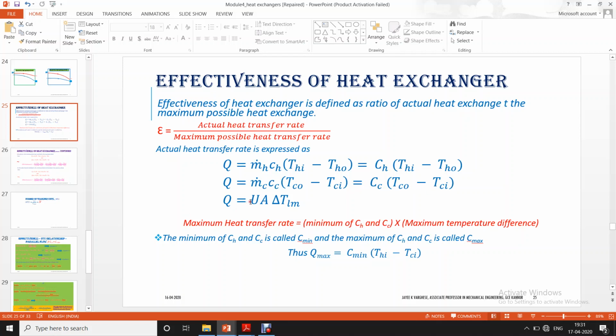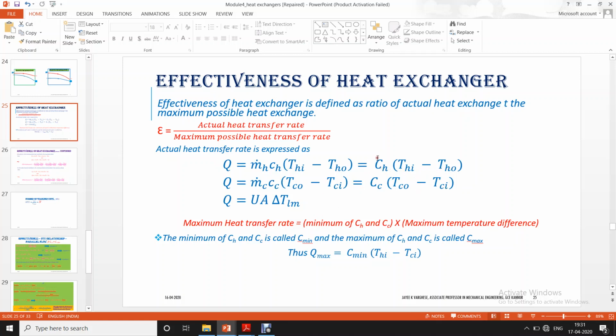A third equation gives the relation connecting the heat transfer, the overall heat transfer coefficient, the area, and the average temperature difference, which we call LMTD. Now, heat transfer is equal to Ch into Thi minus Tho, which is also equal to Cc into Tco minus Tci.